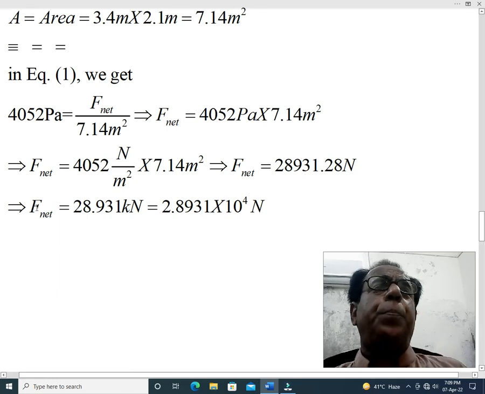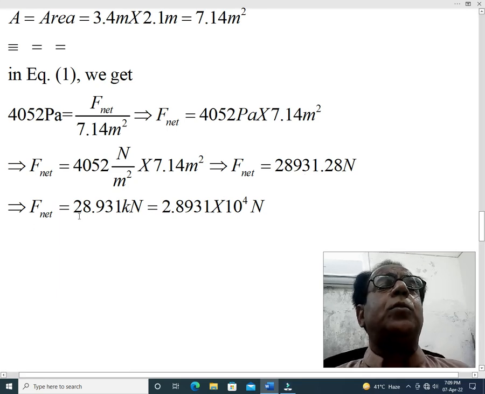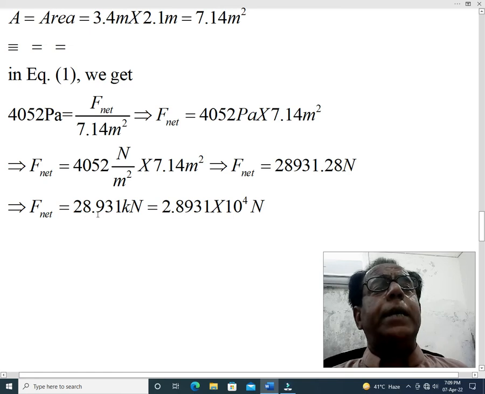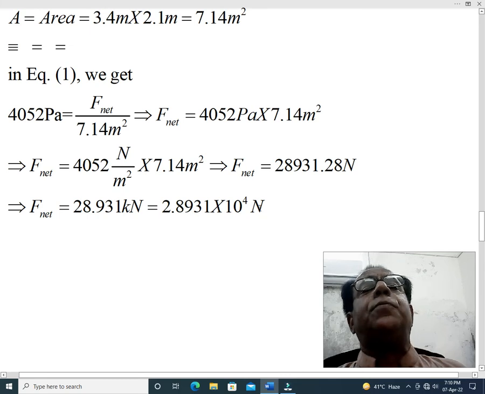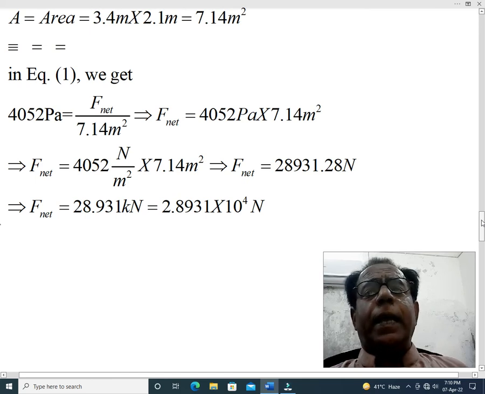So net force is equal to 28.931 kilonewton, and if we further divide by 10, then this kilo will be elevated one step ahead, that is 10 raised to the power 3 will become 10 raised to the power 4, and this quantity will become 2.8931 into 10 raised to the power 4 Newton. And this is the proper solution of our problem.